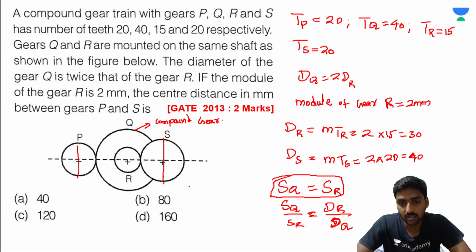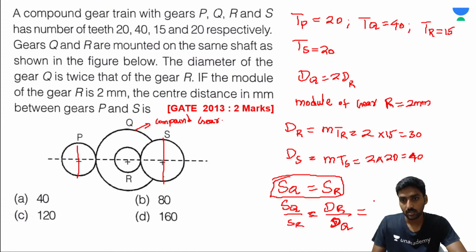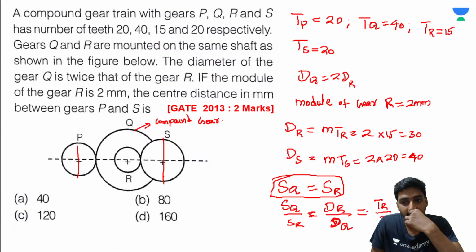The speeds are given as equal. But R and S are rotating in the same direction. Is it okay now?